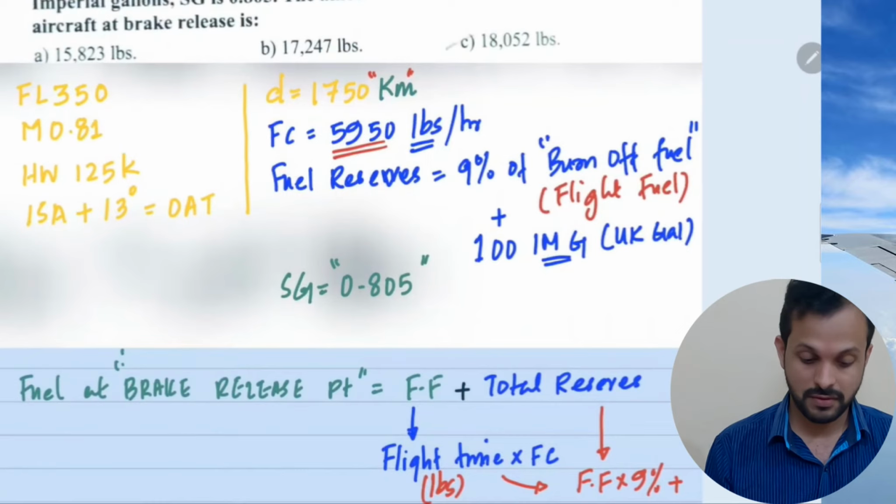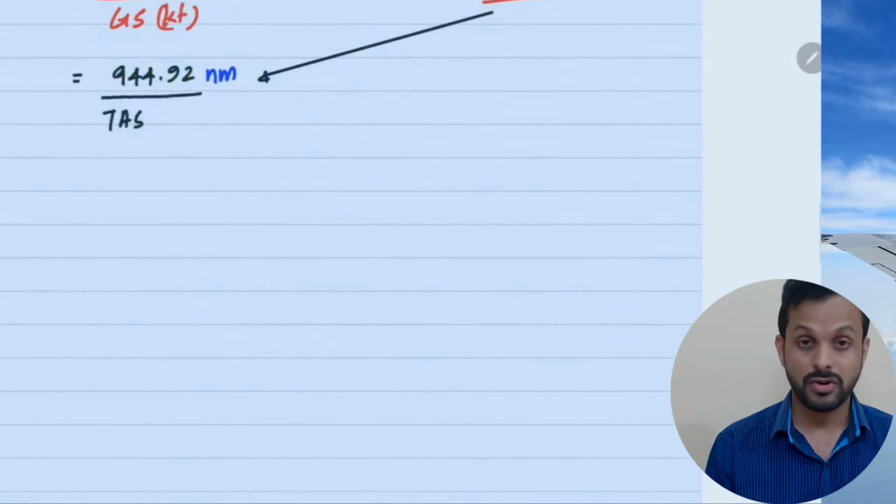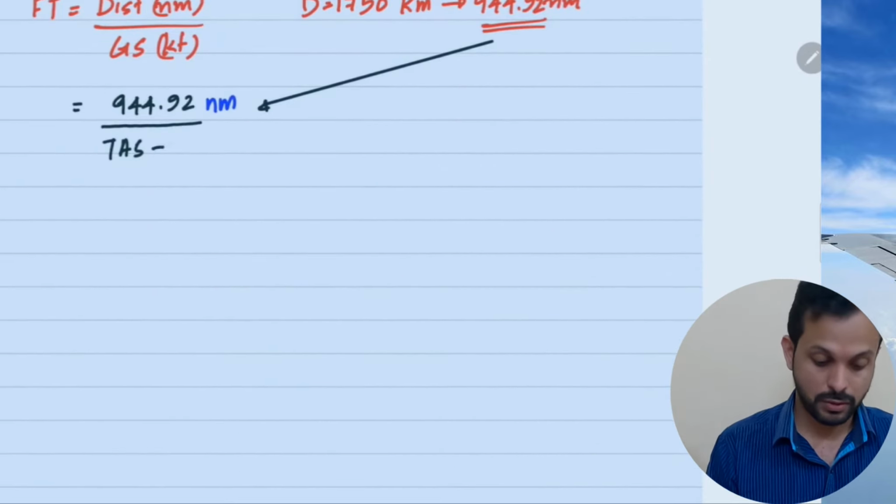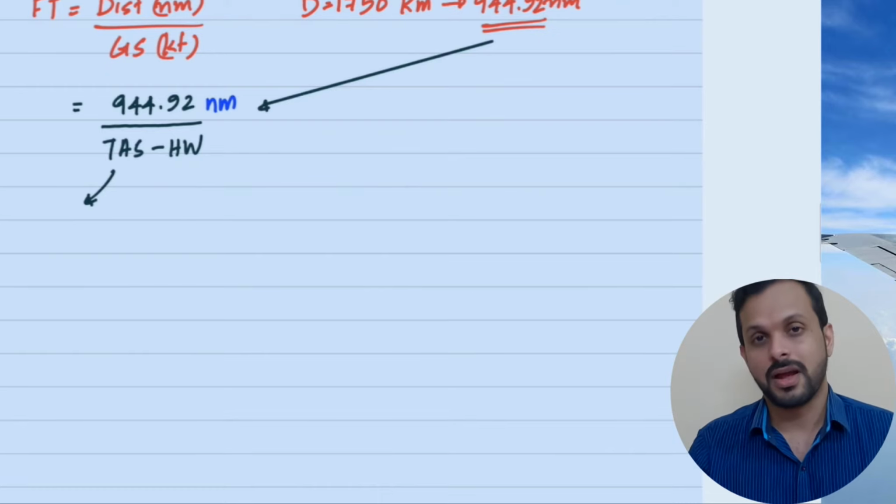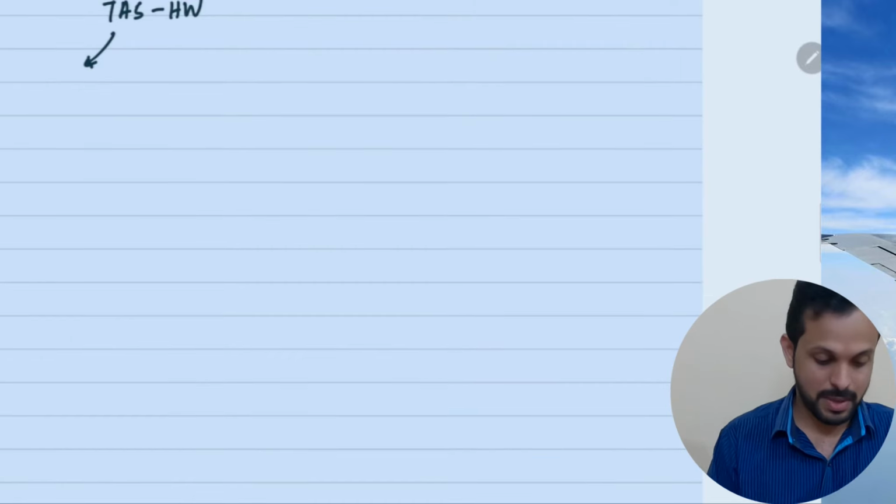In the question, we have a wind component of 125 knots. Therefore, that goes from the true airspeed. Now, how do you find the true airspeed in the question? See how the question is kind of branching. This is where the question is taking the second interesting turn, where you bring the Mach number into the picture and find out the true airspeed, right? So let's look at the Mach number equation.